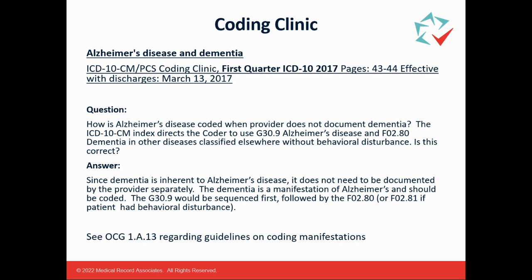Dementia is a manifestation of Alzheimer's and should be coded. The G30.9 would be sequenced first, followed by the F02.80 or F02.81 if the patient has behavioral disturbance. And you may want to refer to Official Coding Guideline 1.A.13 regarding guidelines on coding manifestations of diseases.